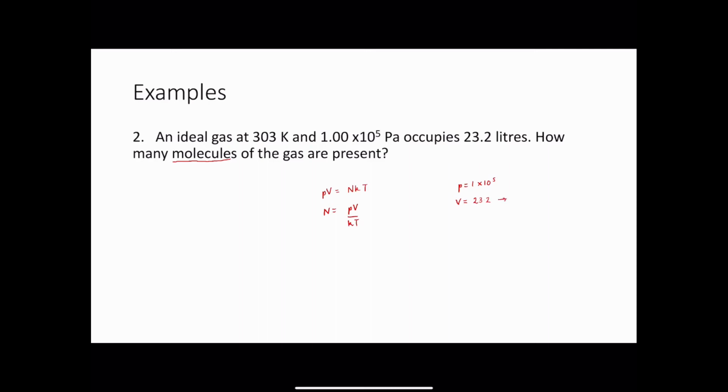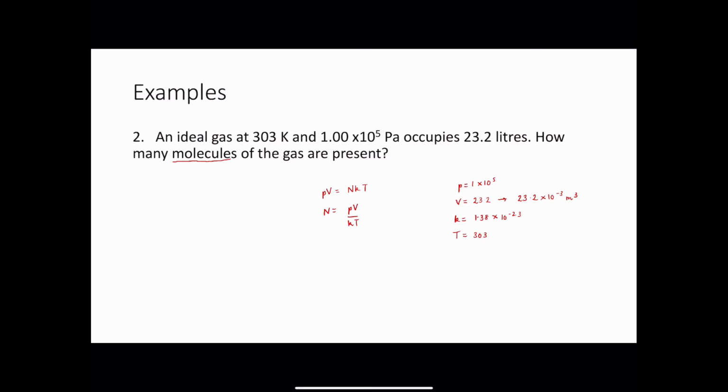So that's going to be 23.2 times 10 to the minus 3 meters cubed. K is the Boltzmann's constant, 1.38 times 10 to the minus 23, and temperature is 303 Kelvin.